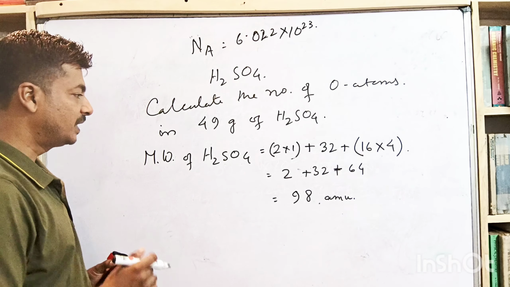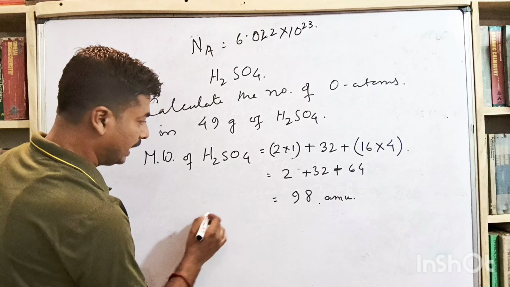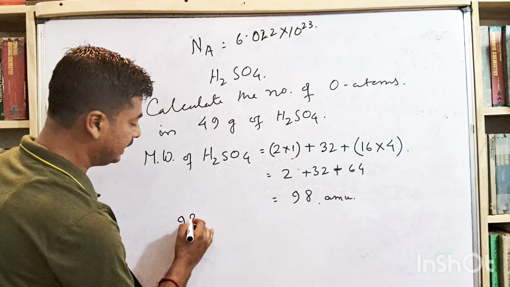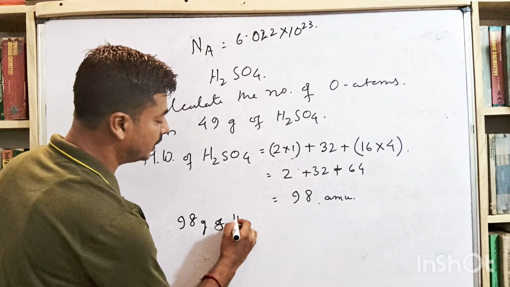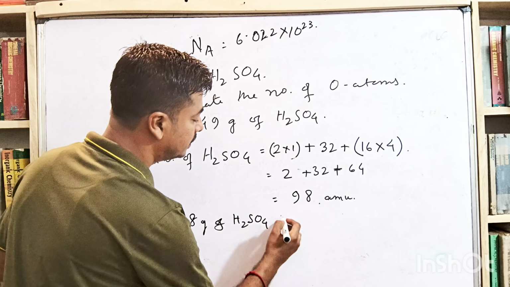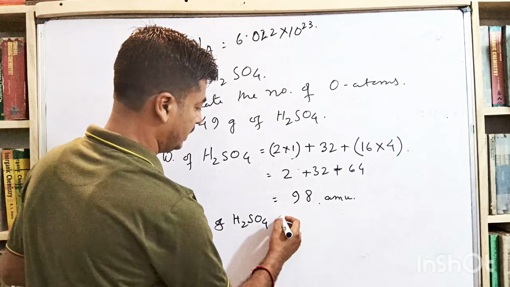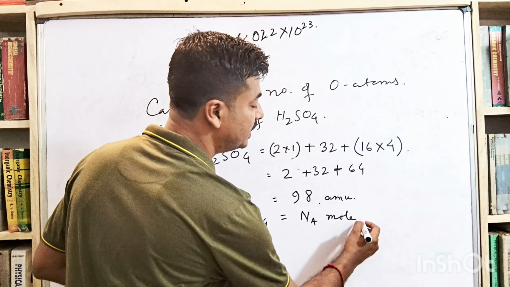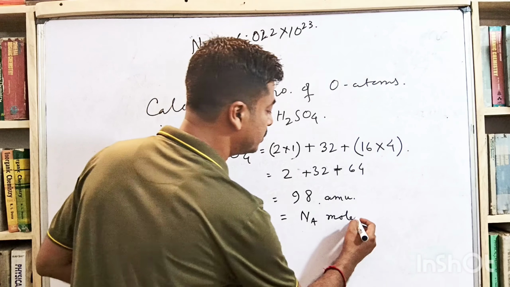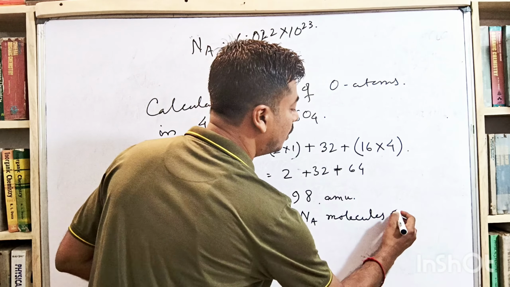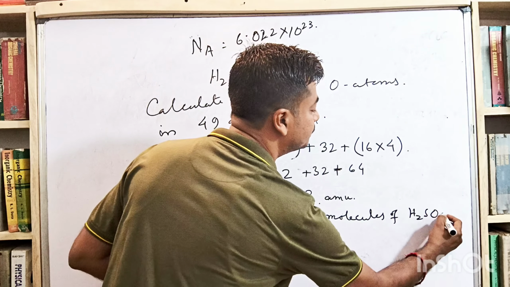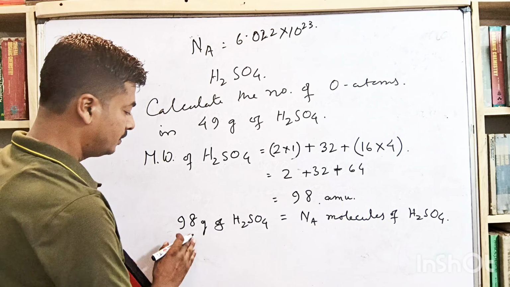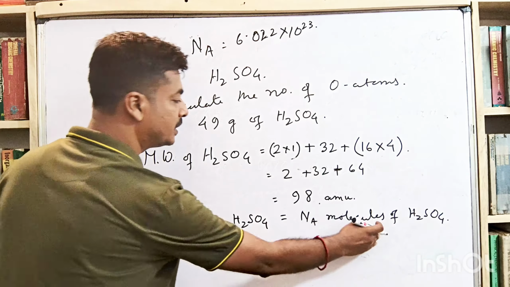Okay, now see, if 98 is the molecular weight of sulfuric acid, it means 98 gram of H2SO4 is equal to Na molecules, means Avogadro's number of molecules of H2SO4. Clear? Now 98 gram of H2SO4 means this many molecules.